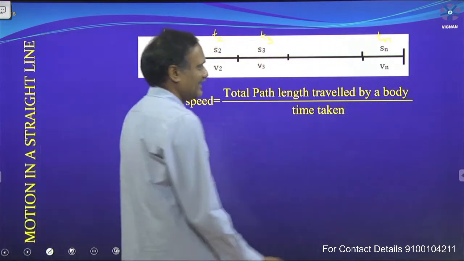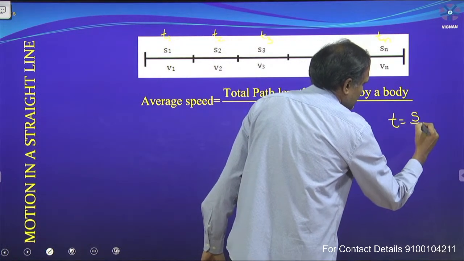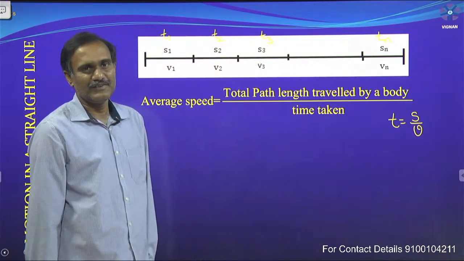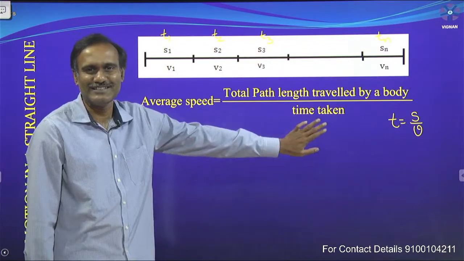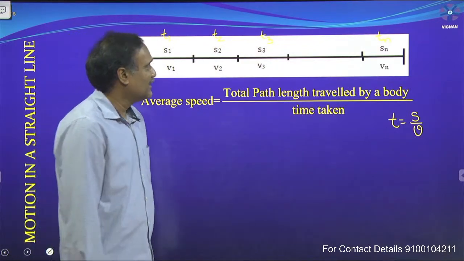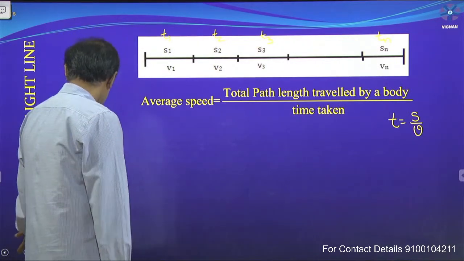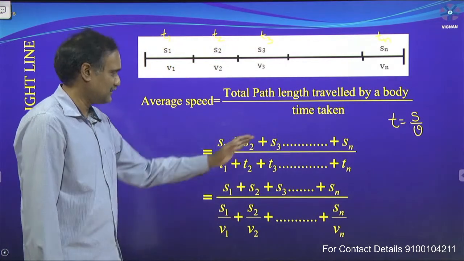Now here t is equal to the distance travelled by the particle divided by average speed. Here I am saying distance, so it is average speed. Now by using that formula we solved that. This is the final answer. Observe that.